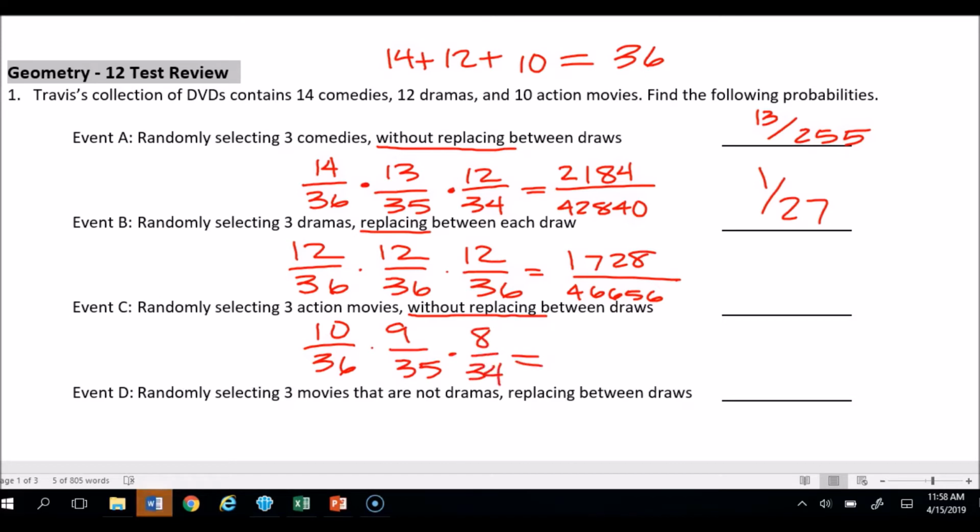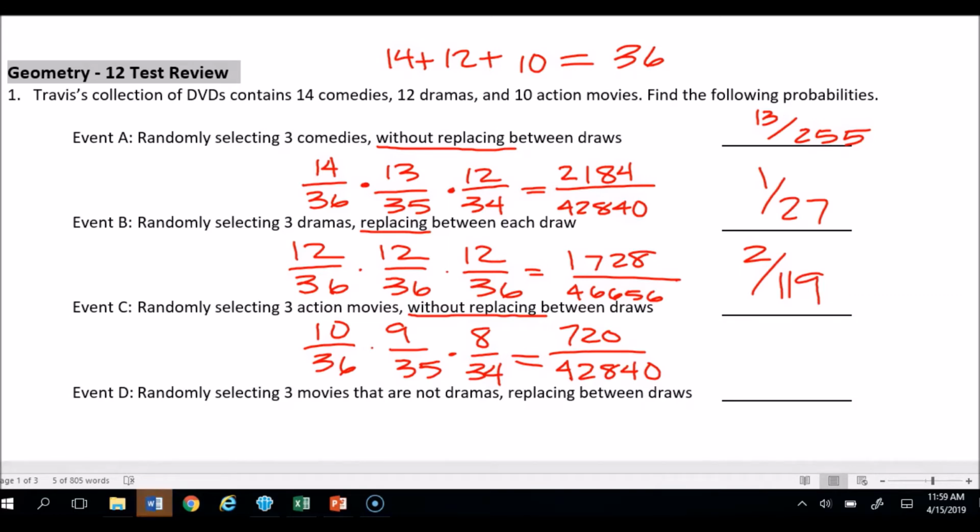Again, when I multiply across the top, 10 times 9 times 8, I'm going to get 720 on top, and I'm going to get 42,840 on the bottom. When I reduce this, I get 2 over 119.